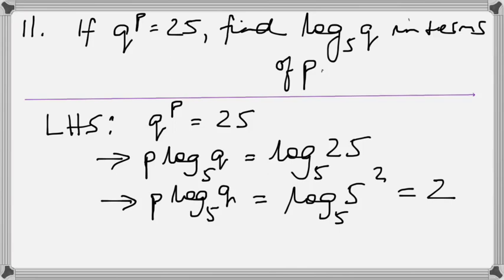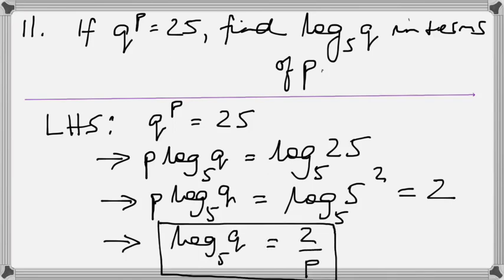Let's have another look. Okay, yes, looking up the top we can see we're supposed to get log of q to a base of 5. Well, I think we've done it, because all you've got to do now is divide both sides by p to make log q to the base 5 on the left-hand side the subject, and what do we get? My goodness, we've done it. That's fantastic. So I think that's everything now.